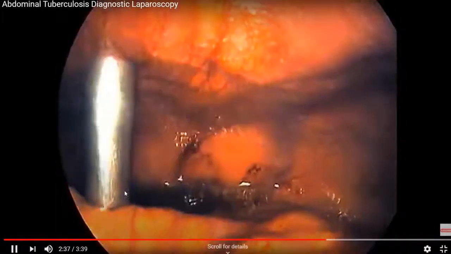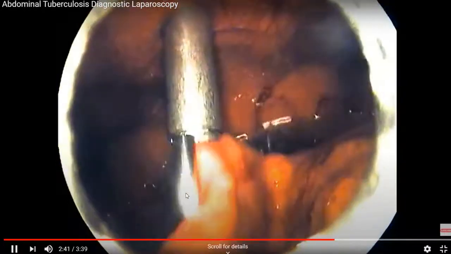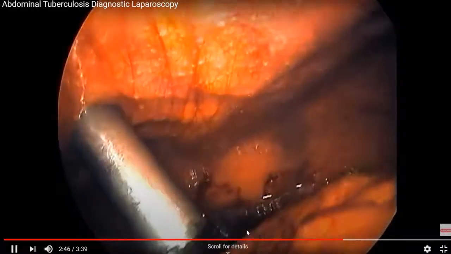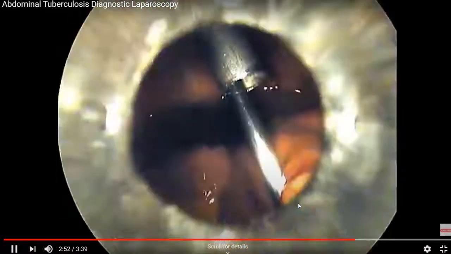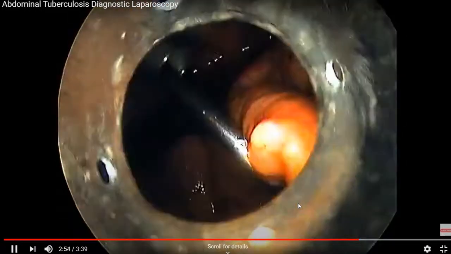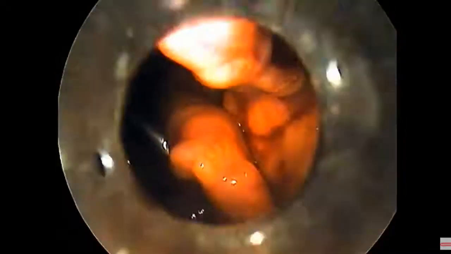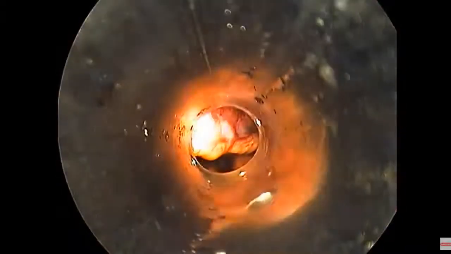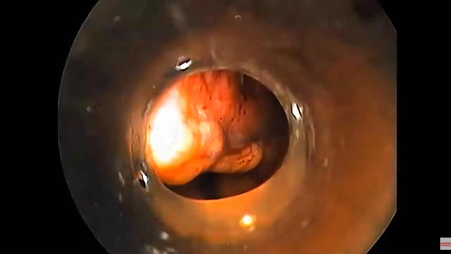And this is what I was talking about, the appearance of omentum just like a cake, also known as omental cake, like this. These are the classical findings in any case of abdominal tuberculosis. Another important finding is that the cecum is usually not present in the right iliac fossa region.